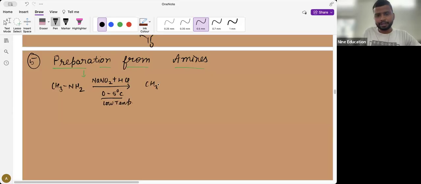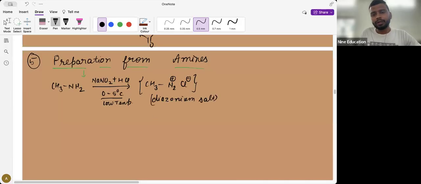we prepare here CH3N2+ Cl-. This is known as a diazonium salt, and this alkyl diazonium salt is very unstable in nature.